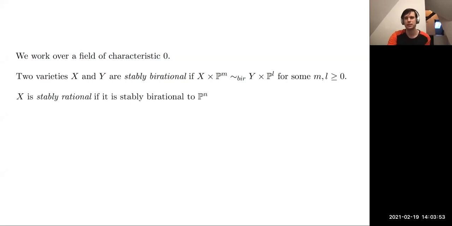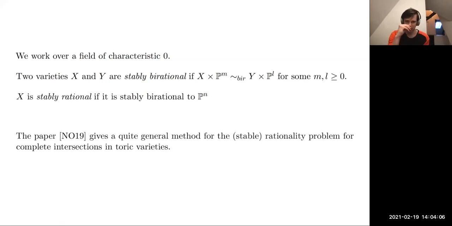And we say that X is stably rational if it's stably birational to a point or projective space. So of course, rational varieties are stably rational, and that's why we're interested in this relation. It's easier to study stable birationality instead of rationality.